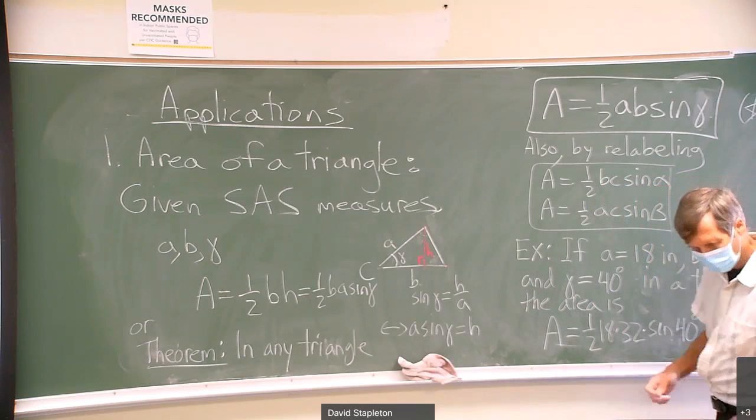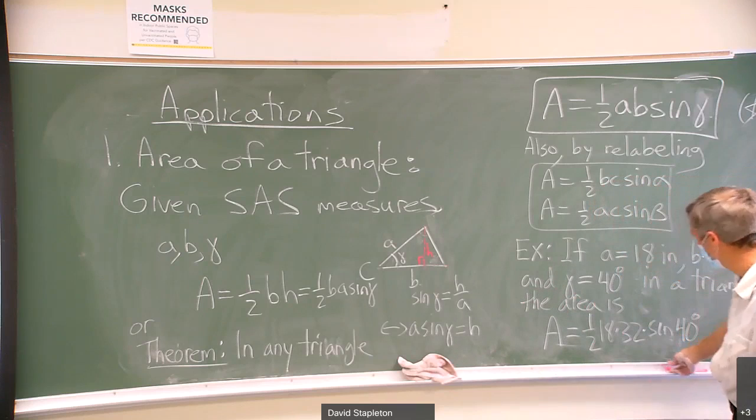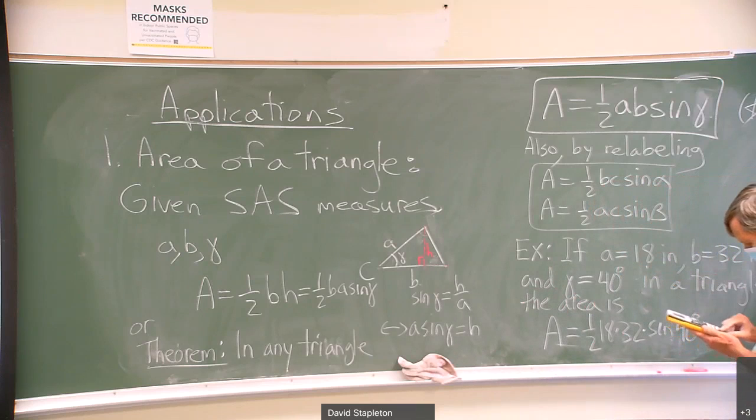All right? And I can run all those quickly on my calculator. And I got 185. If these are inches, then area has to be square inches, recall. So 185 square inches. Okay, it's as easy as that.